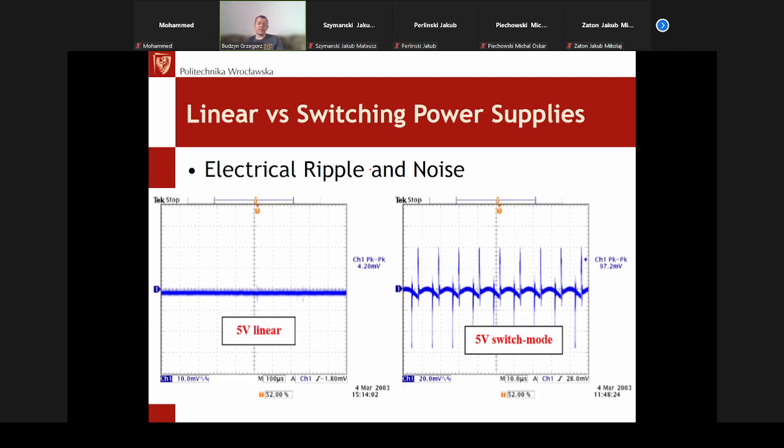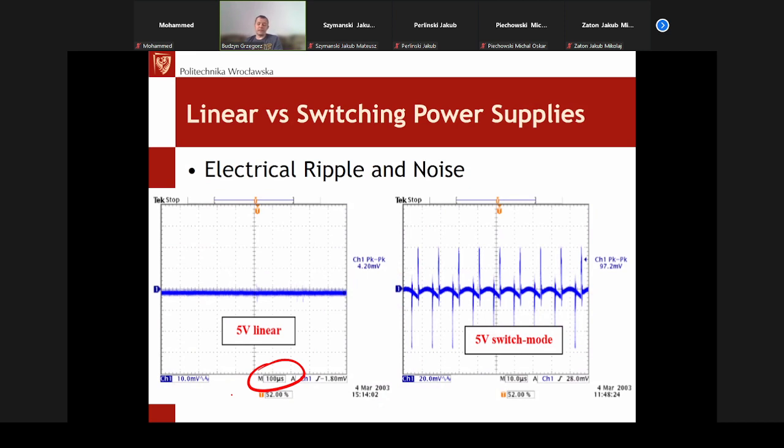So linears, if you make a very good capacitance, because here on this chart, it's a bit exaggerated. So maybe not exaggerated. The time scale here is just 100 microseconds, which means that the whole timing of the picture you can see is 1 millisecond. So for linear, that's not a problem.